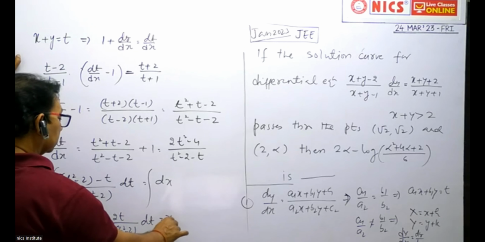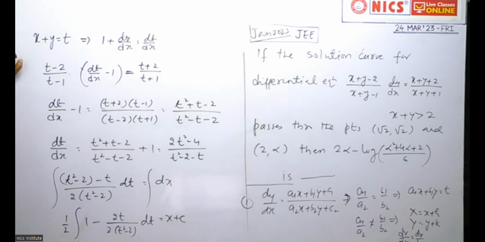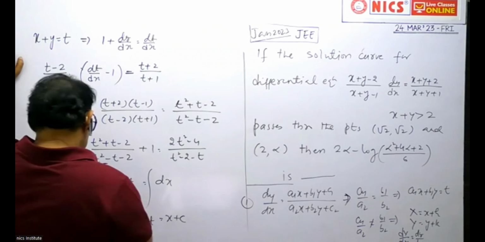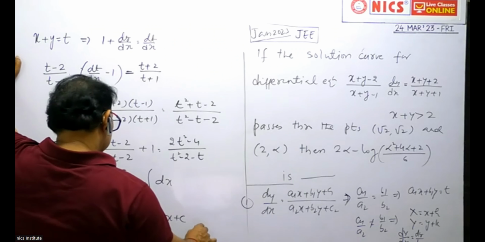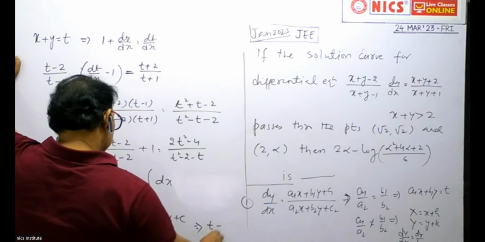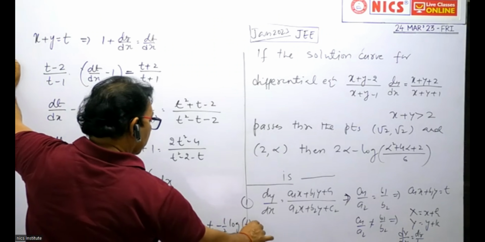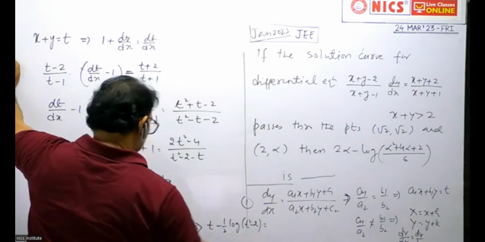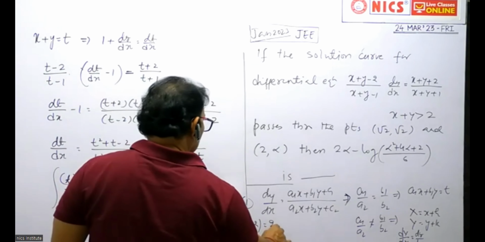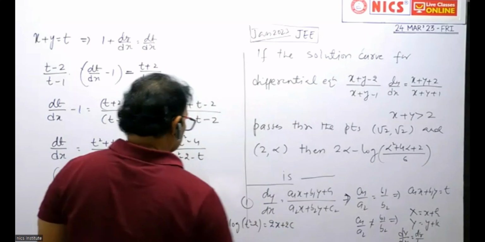So that, and this is x plus 2c. Integration of this is basically 1 by 2 log of the denominator. This is 2x plus 2c.